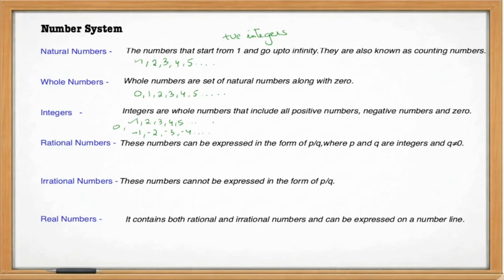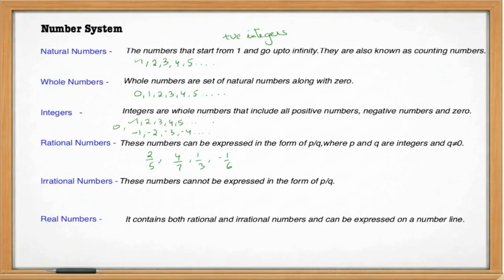If you take examples like 2 by 5, 4 by 7, then again 1 by 3, negative numbers as well. These are all written in the p by q form, where p and q are integers, and q is not equal to 0. The q shouldn't be 0. So these numbers which are expressed in the form of p by q are known as rational numbers.